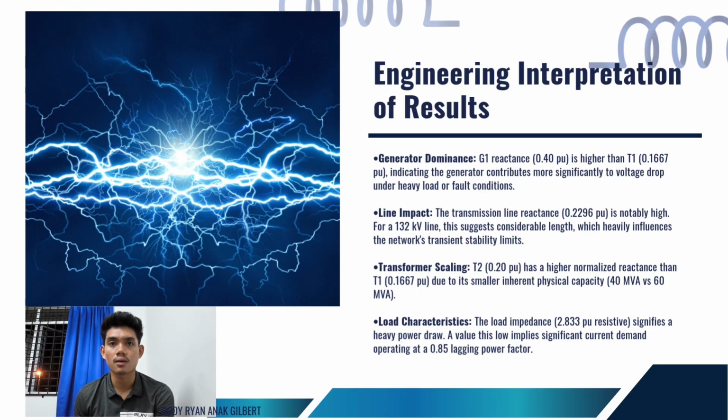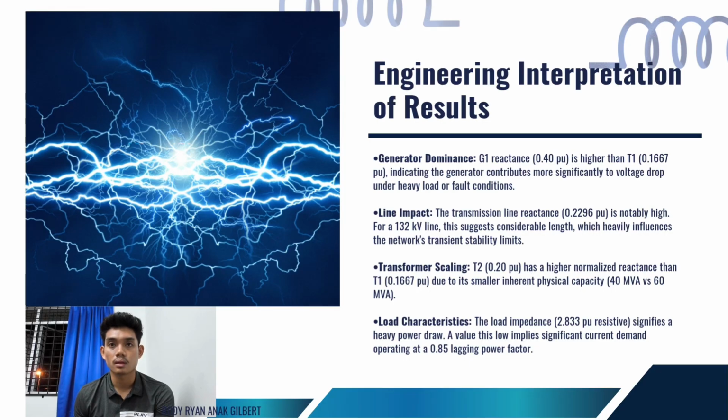So it's likely a long line, and that will really affect how stable the system stays during disturbance. Between the two transformers, T2 has a higher reactance than T1, 0.20 versus 0.1667, simply because transformer 2 is physically smaller at 40 megavolt amp compared to T1 at 60 megavolt amp.